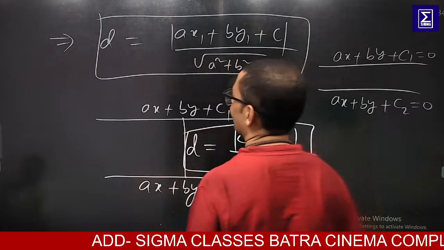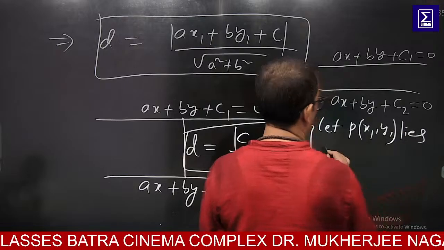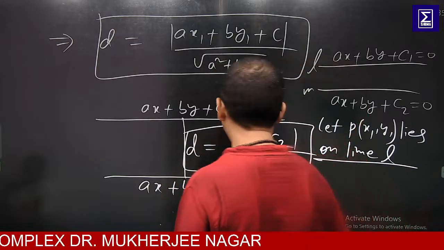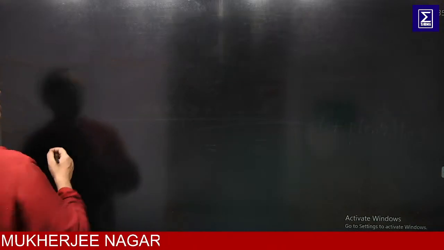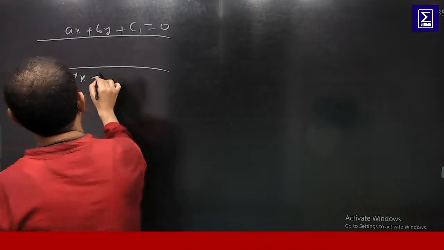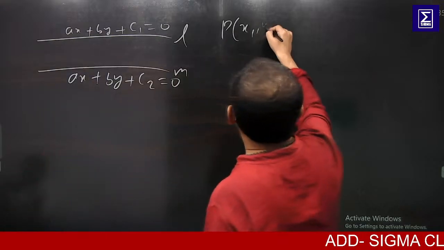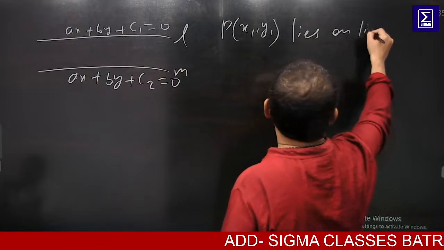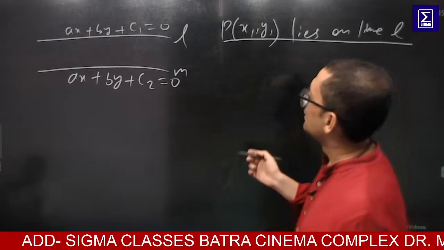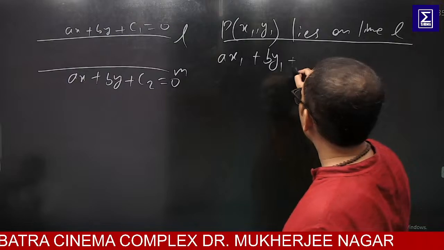This is L, this is M. Let any point P, coordinate of P is x1 comma y1, lie on line L. So this point will satisfy the line L. So A, in place of x we can write x1, plus B y1 plus C1 is equal to 0.